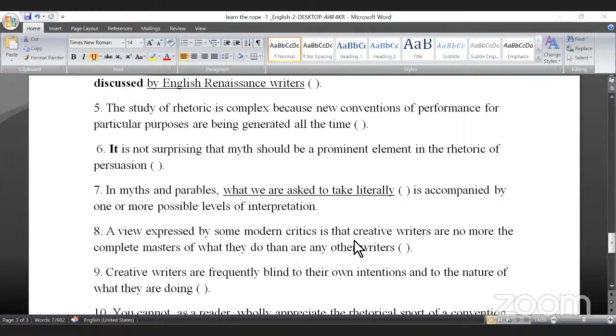That it is an adjectival clause because this part is talking about myths and parables. In what way is it modifying? You explain that to me. What kind of modification does it have? It's talking about the things we learn in myths and parables.